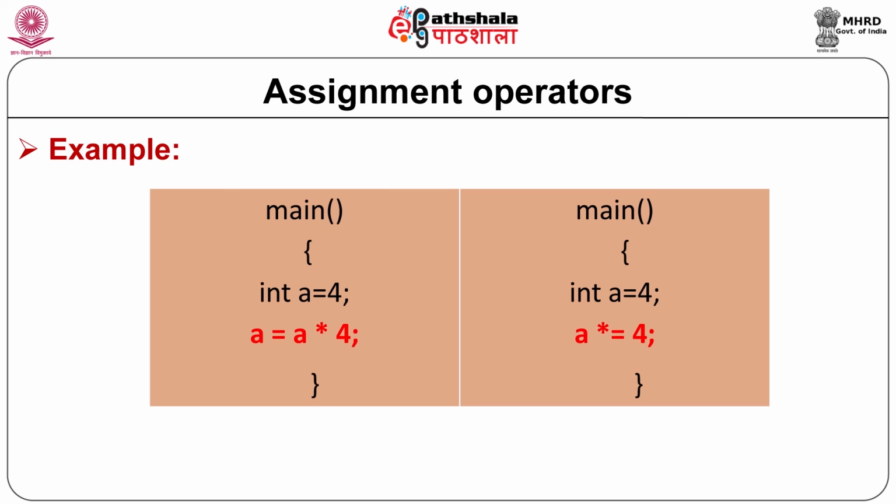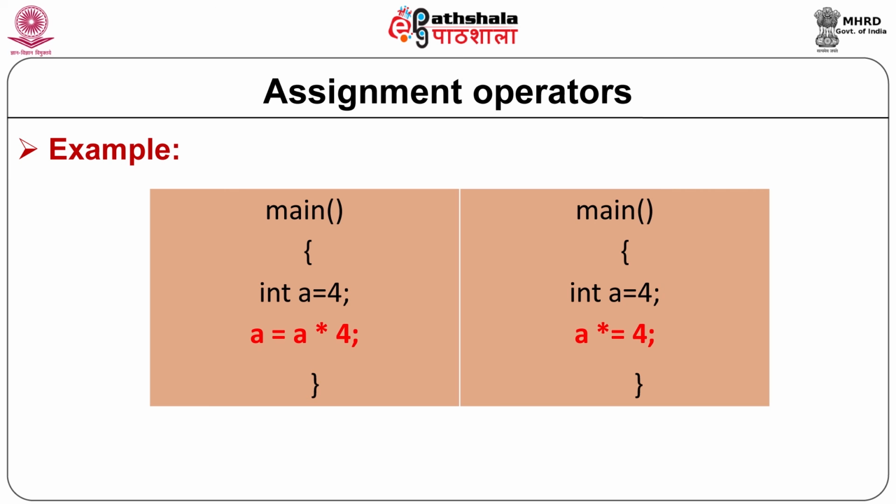After this, we will see one more simple example of the assignment operator, which includes just a two-line program. You can see in the first program, int a equal to 4 and a equal to a star 4, which means a multiplied by 4. In the next program I am doing the same thing, but writing the operator in a different way, like a star equal to 4.